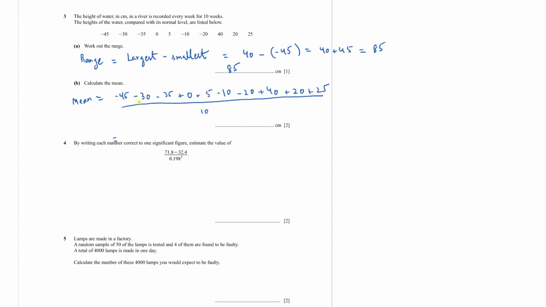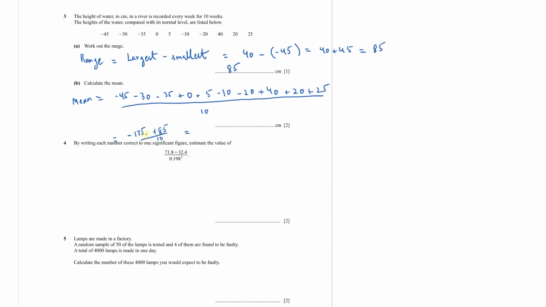So minus 45 minus 30 is minus 75. Minus 75 minus 35 would be minus 110. Minus 110 plus 5 is minus 105, minus 105 minus 10 will be minus 115. Minus 115 minus 20 will be minus 135. So this is minus 135 plus 40 plus 20 plus 25, that is 85, divided by 10.